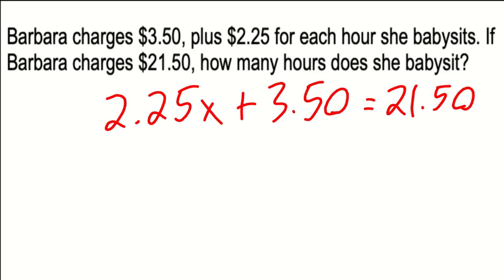And you could basically solve it that way. Most of y'all just started with your total amount and subtracted the 3.50. That got you to the $18, and then you divided by the 2.25, and that gave you your 8 hours. Right? Any questions on that one?